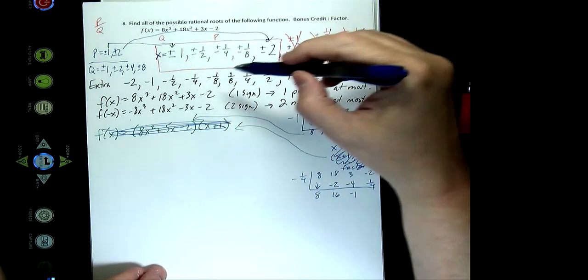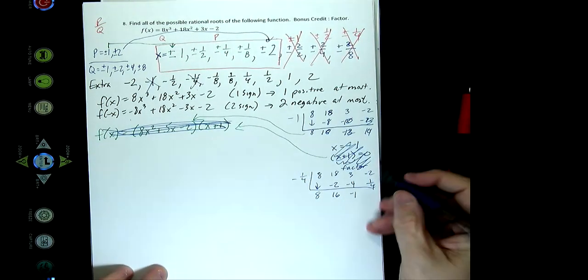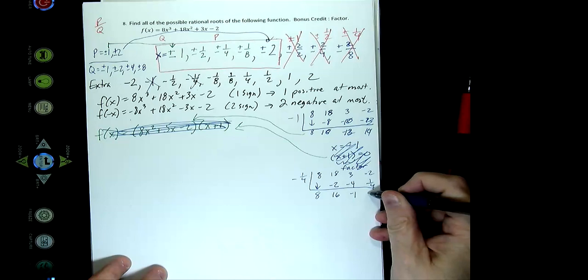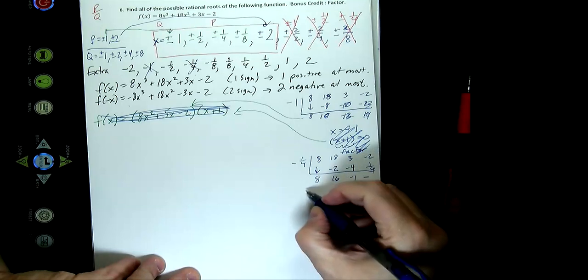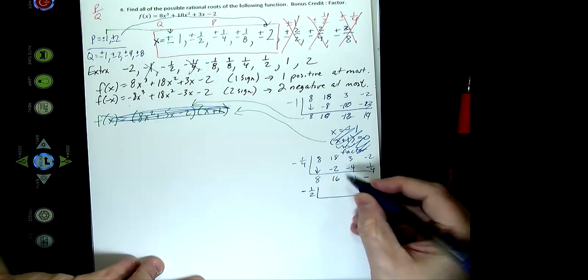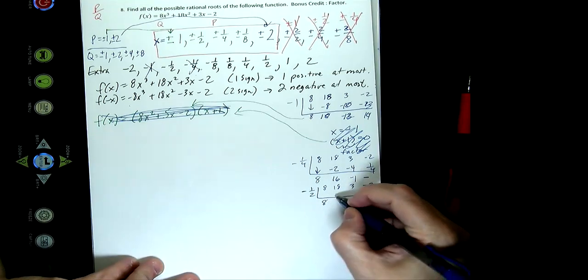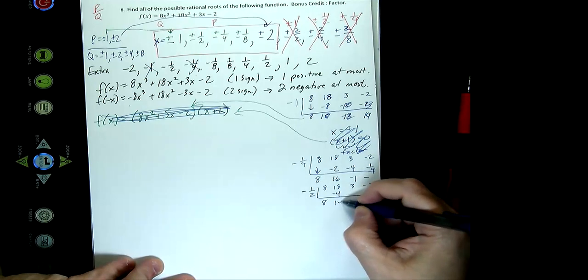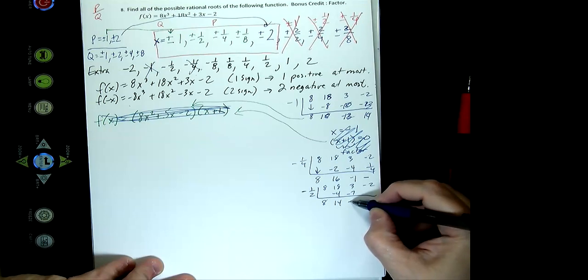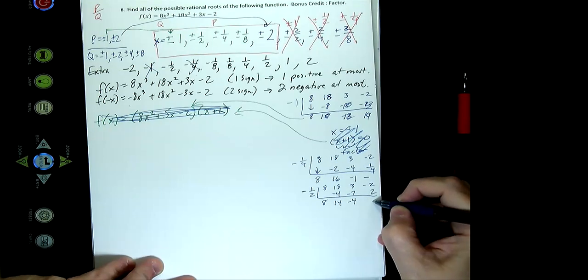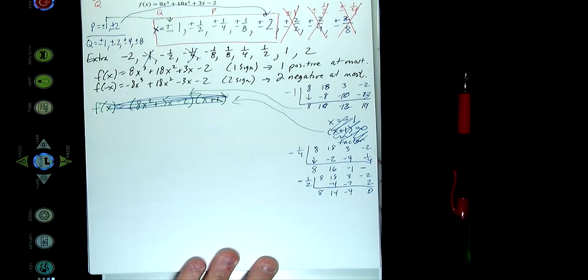So -1/4 didn't work. -1 didn't work. Let's try the next one. 1/2 is easier, although I'm guessing that's probably not going to do it. Oh, there it is. It's the -1/2.